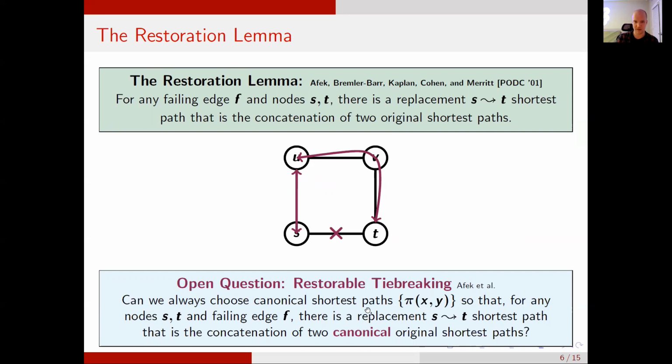So that in particular, we can choose 1 canonical shortest path per node pair, so that for any nodes S, T and failing edge F, we can always find our replacement S-T shortest path by concatenating together 2 canonical original shortest paths. This word canonical requires you to use the tiebroken selected paths. That's what makes it an open question instead of the restoration lemma, which has already been proved. So good. This open question is our way forward.